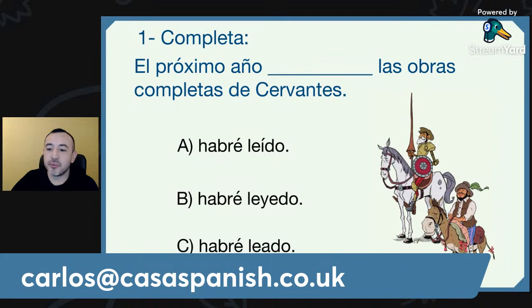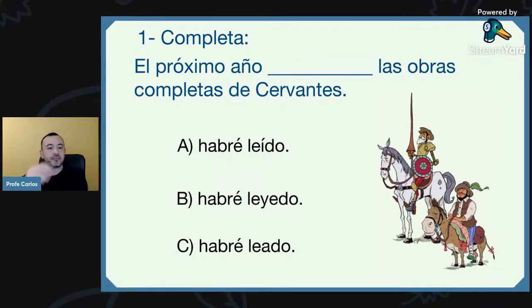Let's start with our quiz. Let me remove this. Number 1, this is going to be complete the sentence. Listen to me. El próximo año, las obras completas de Cervantes.